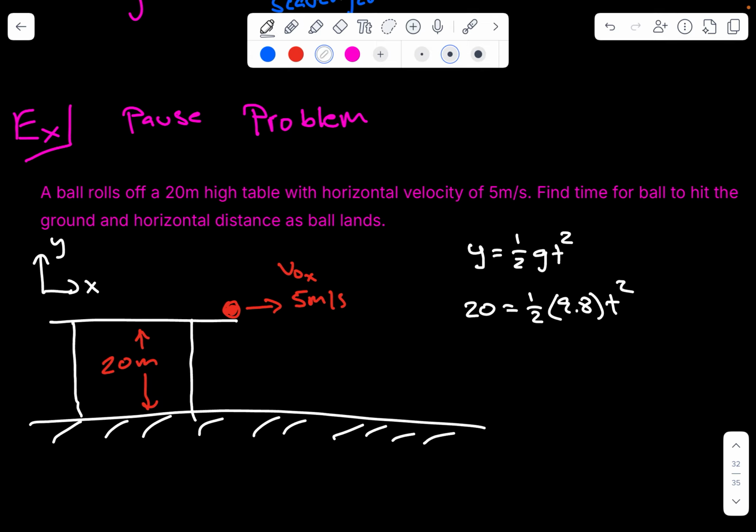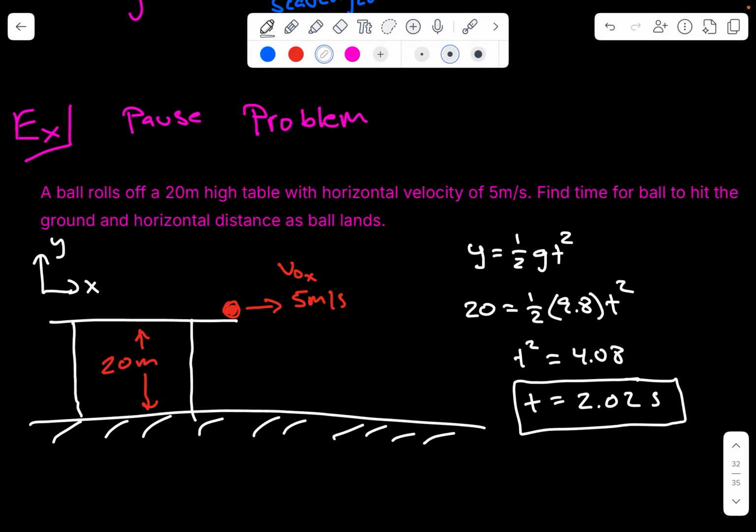Let's rearrange everything to the other side. So we get t squared is equal to 4.08, and then t is equal to about 2.02 seconds. So that is one of our answers. That is the time for the ball to hit the ground.